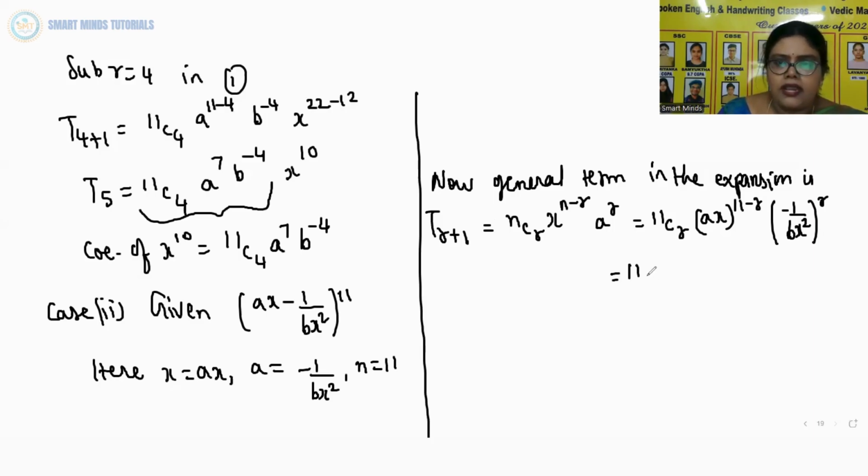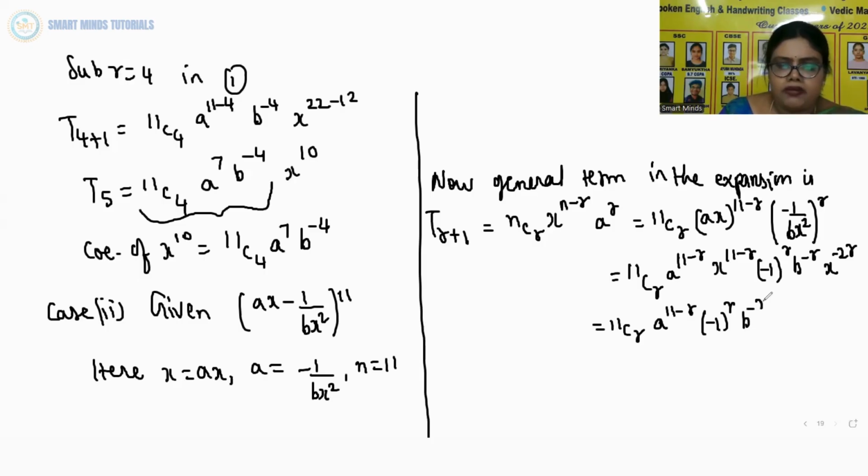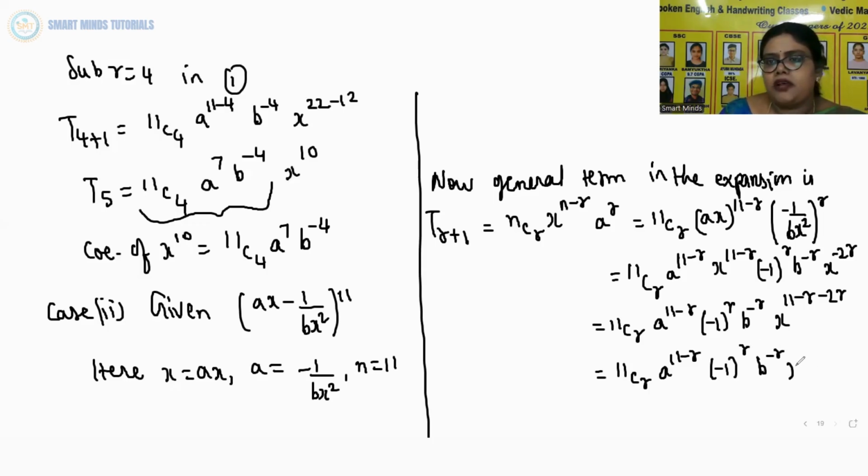So that is 11Cr a power 11 minus r x power 11 minus r, minus 1 power r b power minus r x power minus 2r. So that is 11Cr a power 11 minus r, minus 1 power r, b power minus r, x power 11 minus r minus 2r. So that is 11Cr a power 11 minus r, minus 1 power r, b power minus r, x power 11 minus 3r.